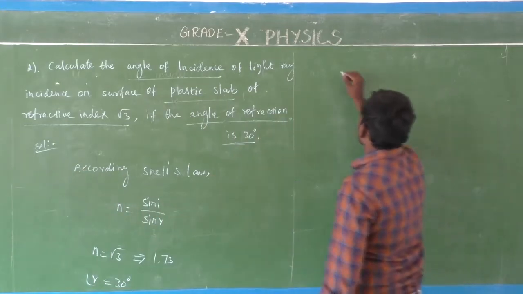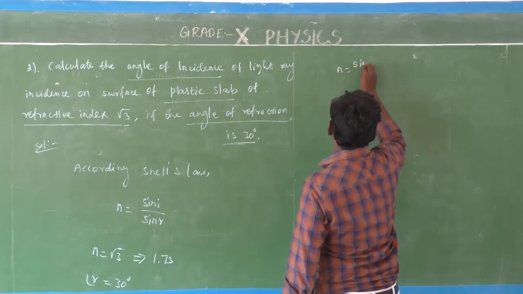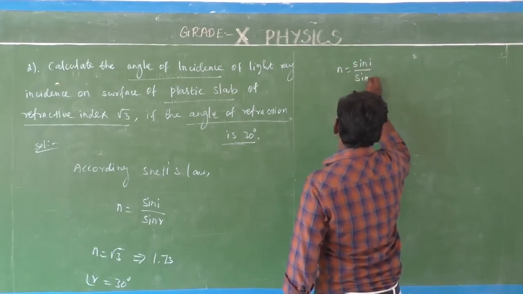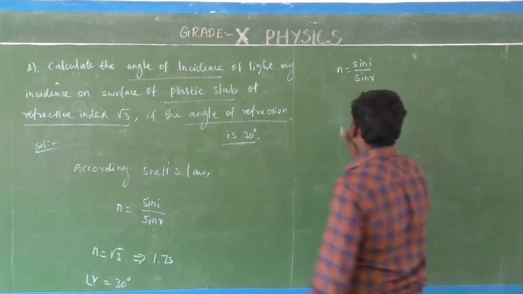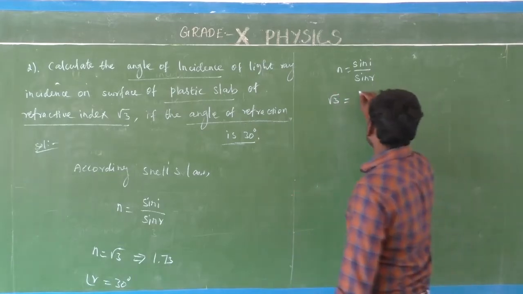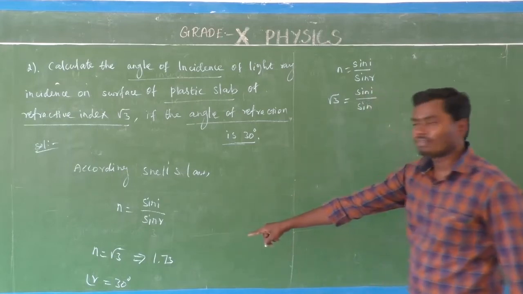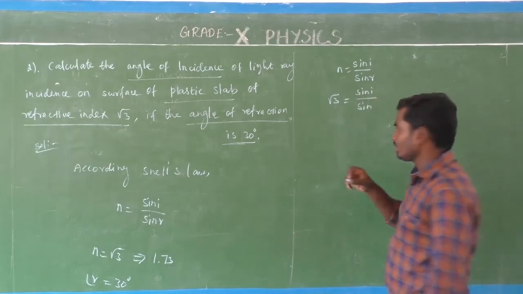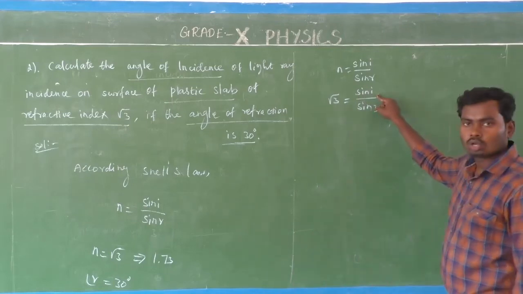According to Snell's law, n is equal to sin i divided by sin r. The n value is √3, that is equal to sin i divided by sin r, where the angle of refraction is 30 degree. We don't know the i value, we have to calculate that.